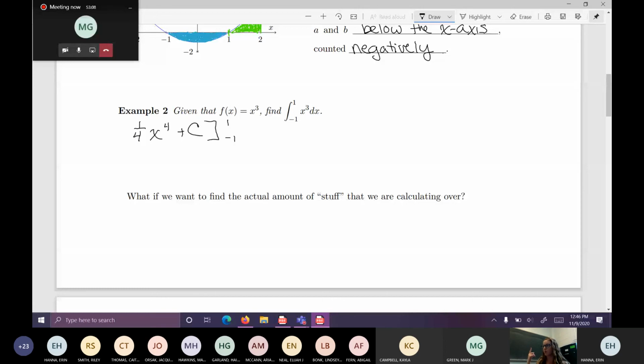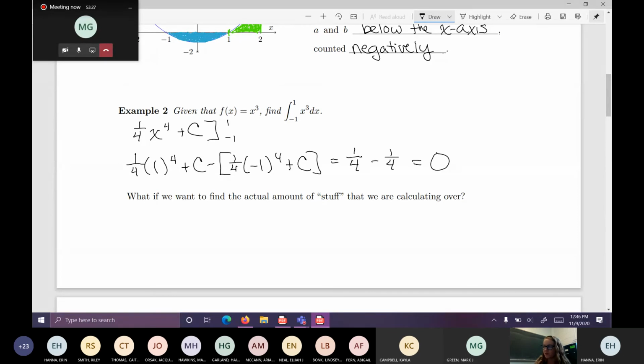And we're going from -1 to 1. If we plug in our bounds, we plug in 1, and then we subtract what we get when we plug in -1. The c's will end up canceling each other out. We're essentially going to get 1/4 minus 1/4, which is 0.